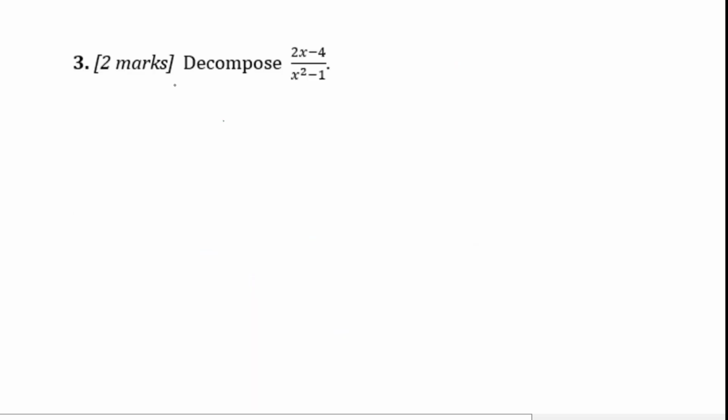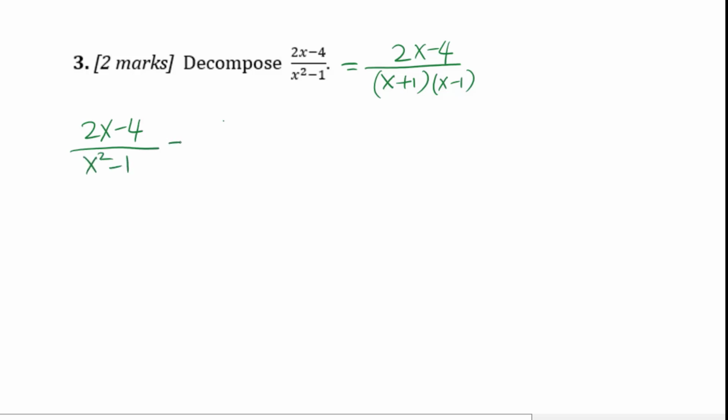Let's go to question 3. Decompose 2x minus 4 over x squared minus 1. First of all, we will factor the denominator: x plus 1 times x minus 1, with 2x minus 4 as the numerator.